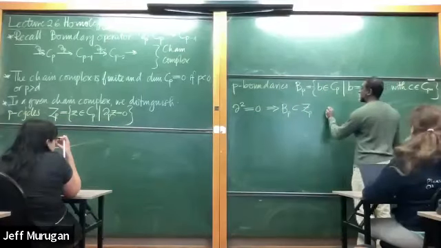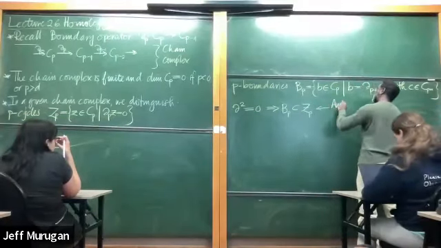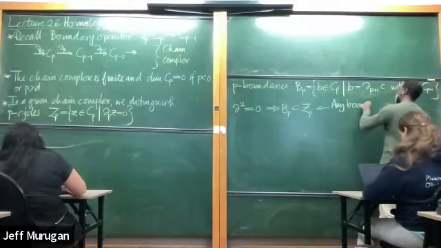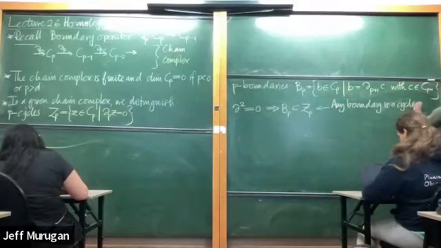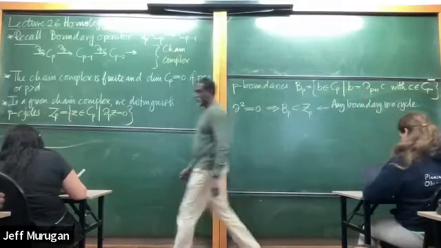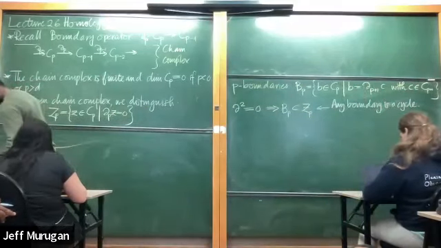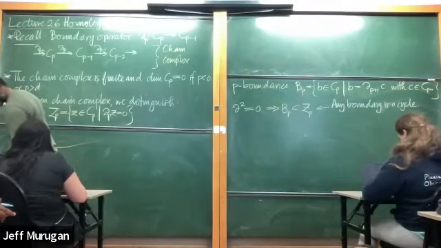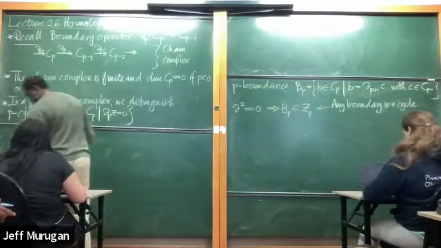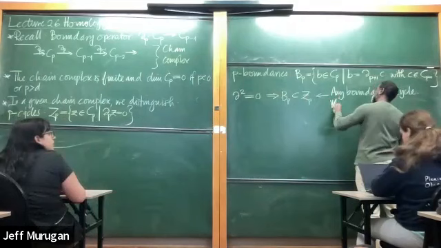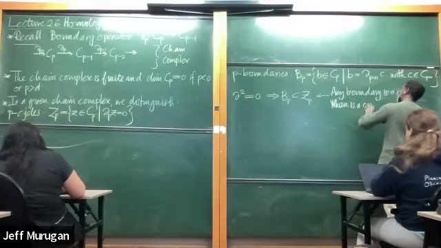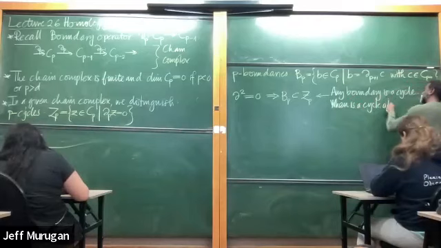So any boundary is a cycle. When is a cycle also a boundary?